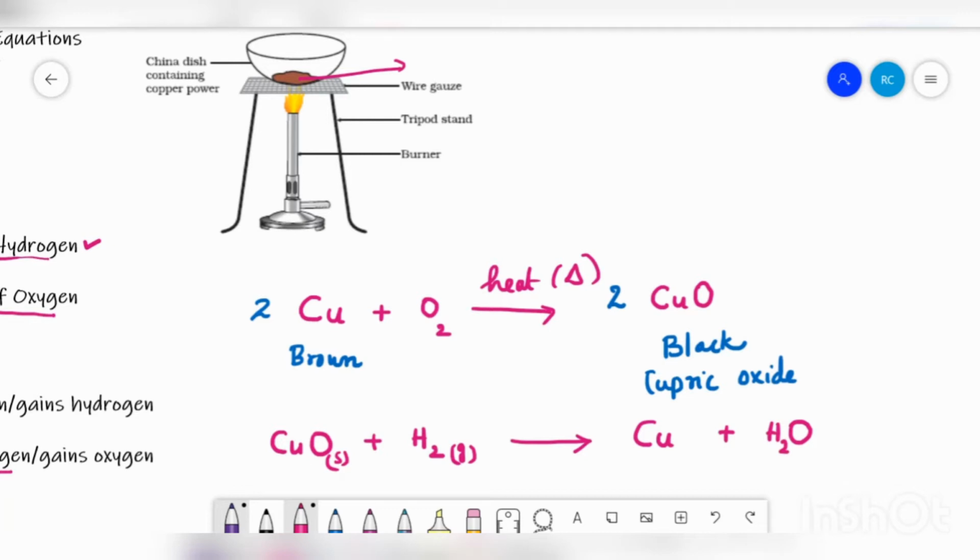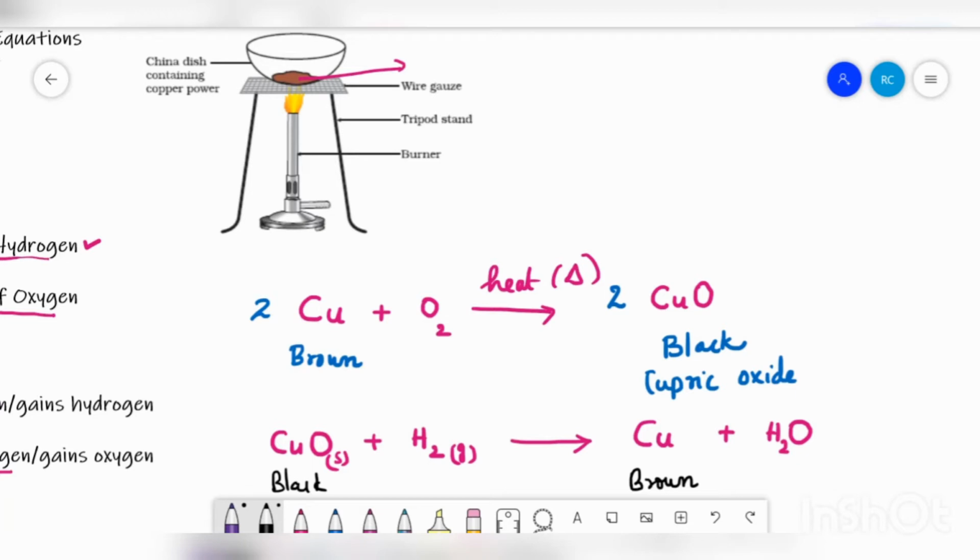So what happened in this reaction? The cupric oxide, which was black in color, is now converted to brown copper. In this reaction, loss of oxygen takes place. Cupric oxide has lost its oxygen. So this reaction we say is reduction.